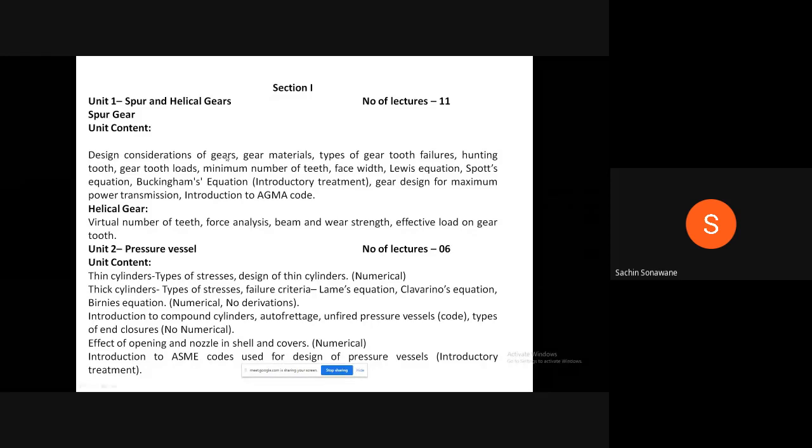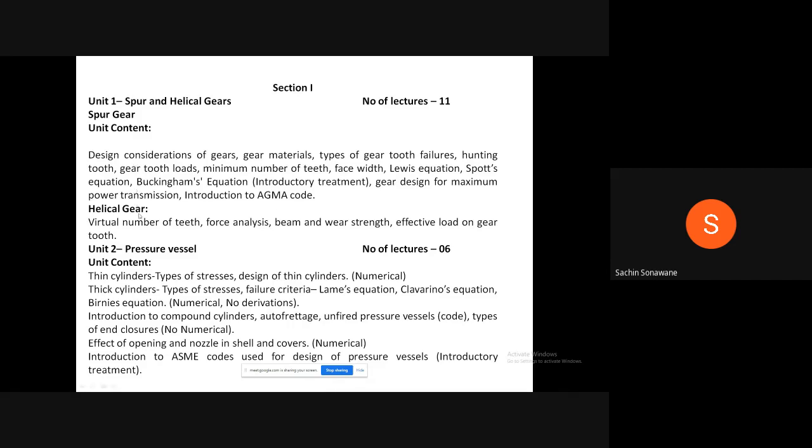Design considerations of gears, gear materials, types of gear tooth failures, hunting tooth, gear tooth loads, minimum number of teeth, face width, Levy's equation, then Spott's equation, Buckingham's equation, only introductory treatment, then gear design for maximum power transmission, and introduction to AGMA code. AGMA means American Gear Manufacturing Association.